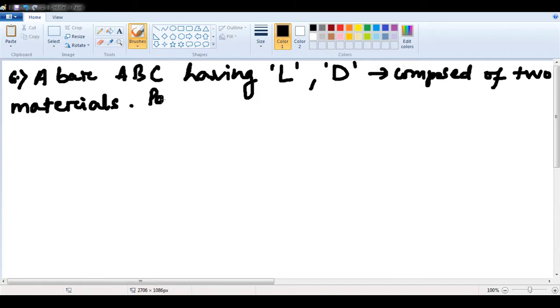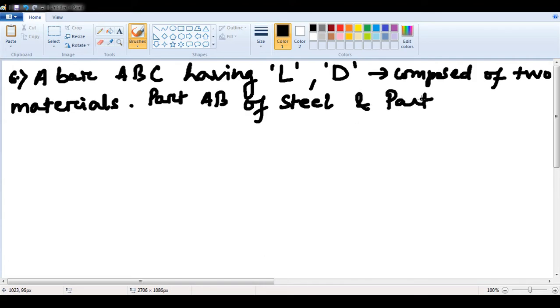Part AB of steel and part BC of aluminium.